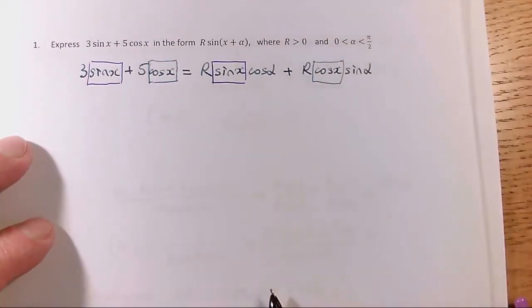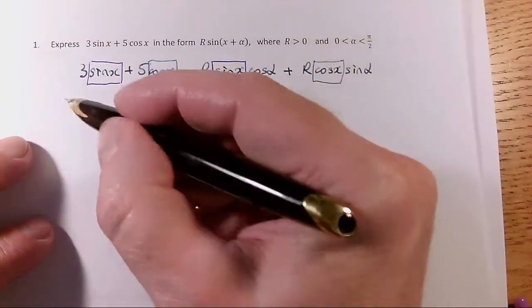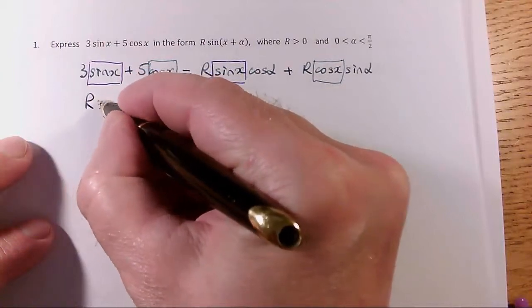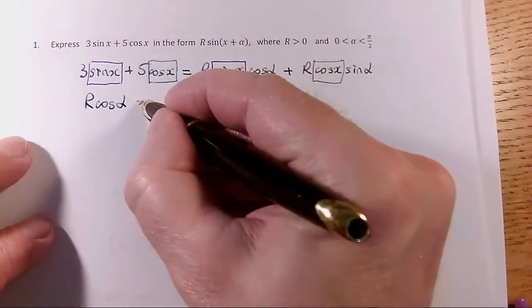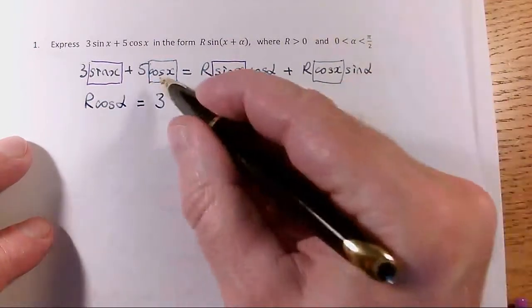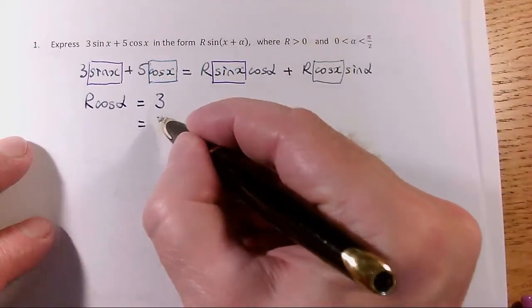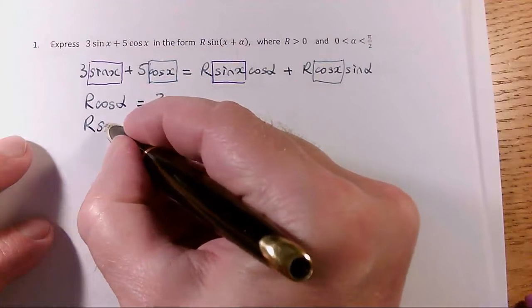Now, if I look at the thing that's with the sine x, which is r cos alpha, if I take my r cos alpha and say that that has got to be the same as 3, and simultaneously the cos x term is going to match as well, so the 5 I've got on this side is going to be obtained with the r sine of alpha.